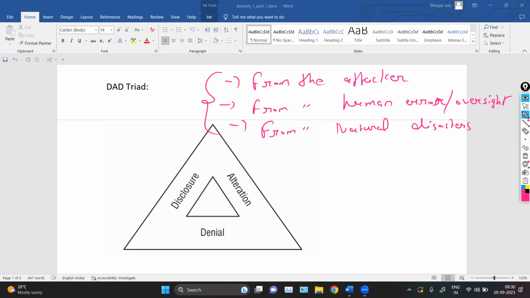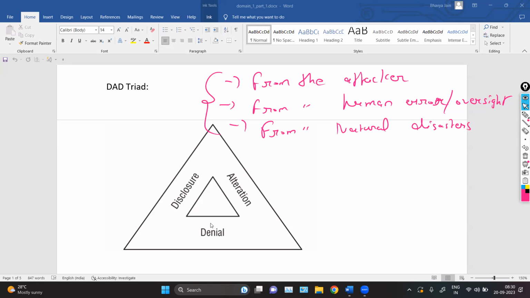If you are not ensuring these three phases of security, then we can say your data is not fully secured. We are protecting data from the attackers, that is fine, but we also have to protect it from human error. For example, any employee mistakenly modifies your data.